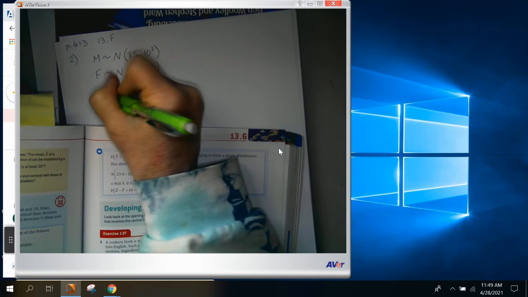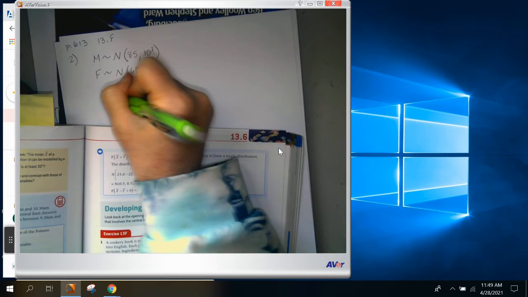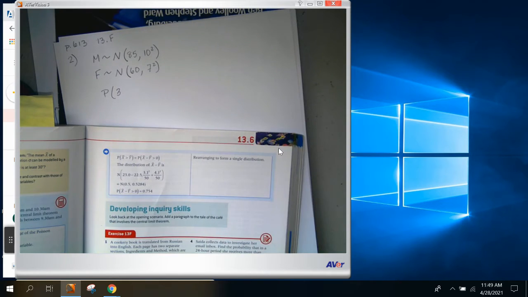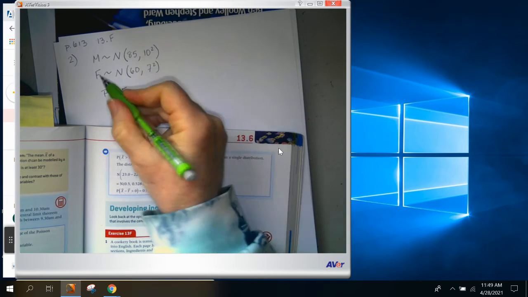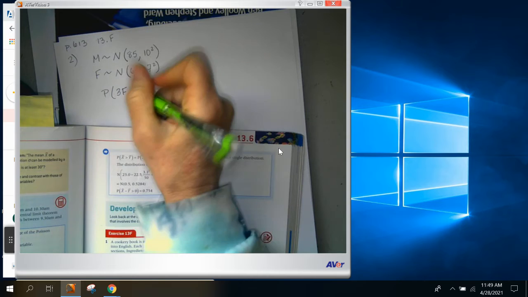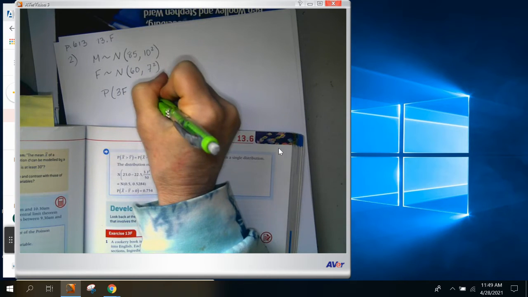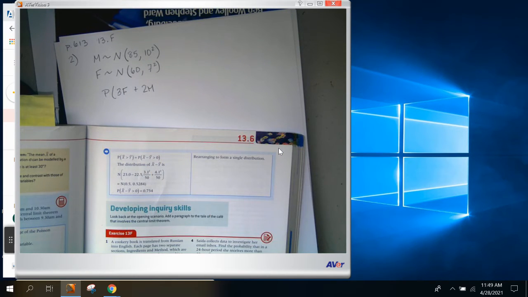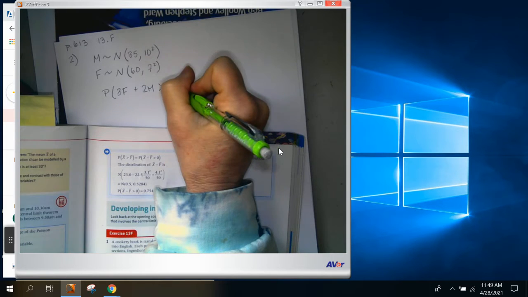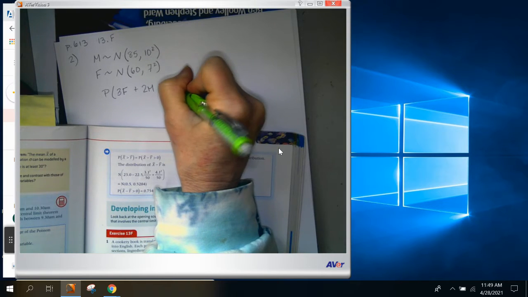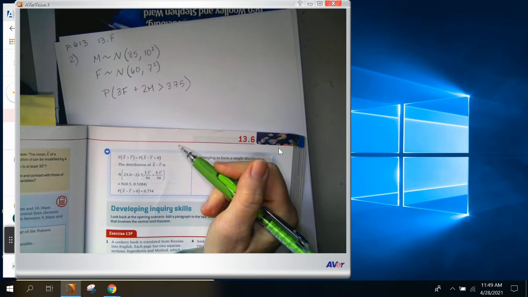So I want to find the probability that 3 women, I'm using F for females, plus 2 males is going to be too big for the lift to function. So the lift can function at up to 375. So I want to know what's the chance this is going to be greater than 375. Okay, so here is my problem that I need to answer.